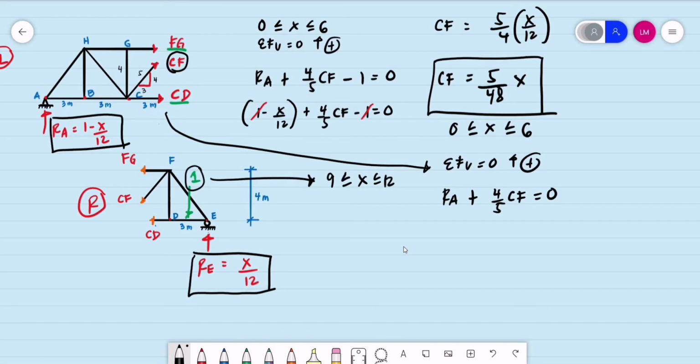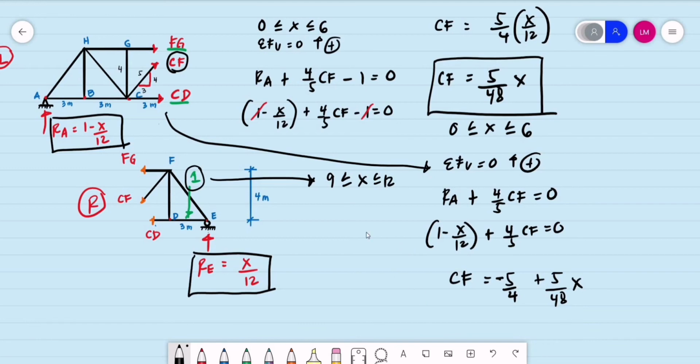R sub A is 1 minus x over 12, plus the 4/5 of CF, equal to 0. The equivalent of CF is now equal to, if we transpose, negative 5/4. Then that will be positive this time, plus 5 over 48 of x.